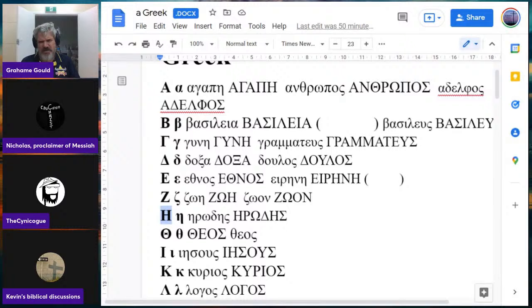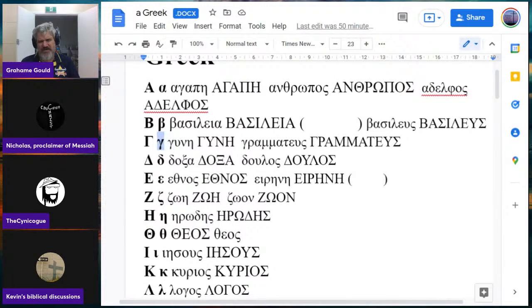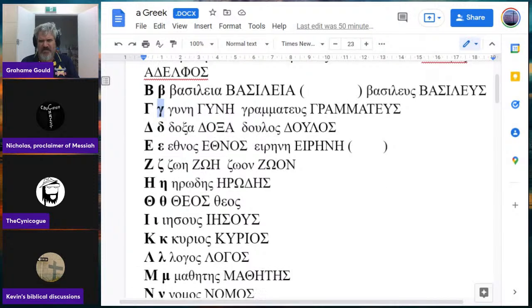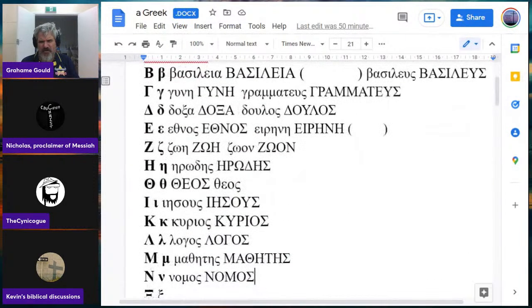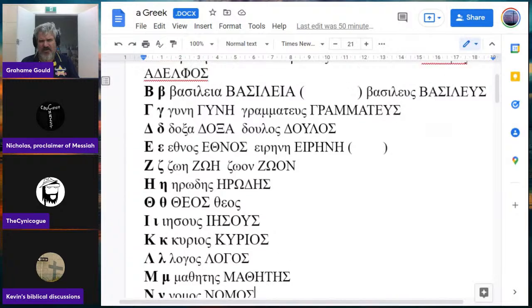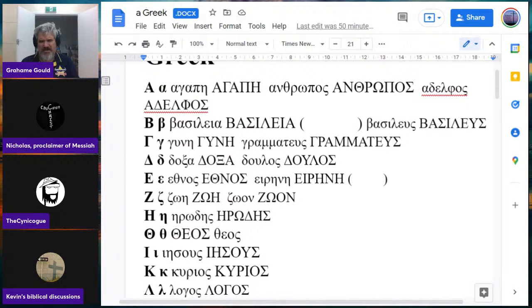So yeah, what helps me is finding words with that letter, and that helps cement it in my mind. Like gar, which is because. Yes, and so then nomos, which means law, might help you. But if you look for words that have not only got it at the beginning, but in other places in the word as well.